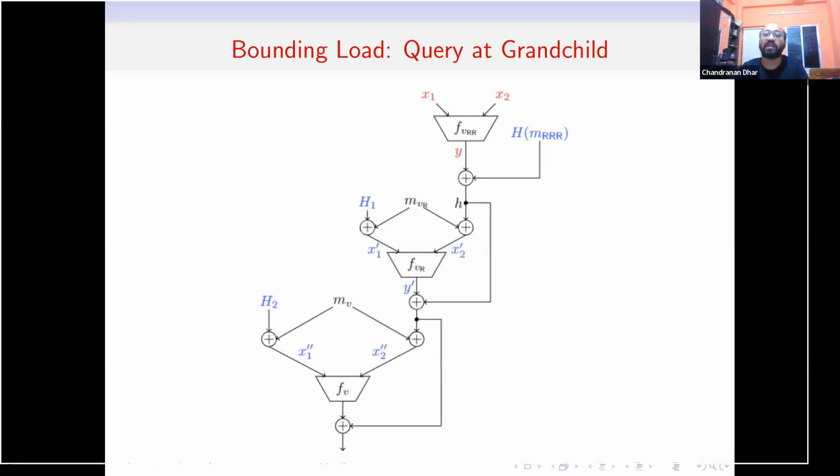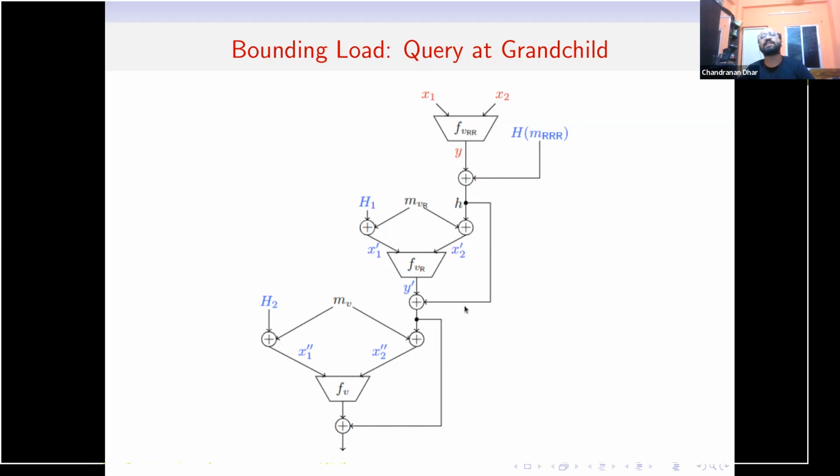As an example, in this diagram, let us say we want to bound the load at the node V, and the final query-response pair is x1 concat x2 comma y at a grandchild of V. If we want to bound the number of newly generated hash functions, that is the load at V due to this query, our result will depend on a lot of extra terms that I am marking in blue.